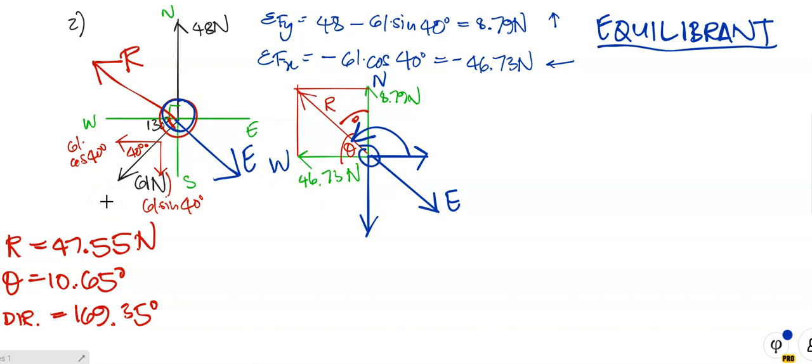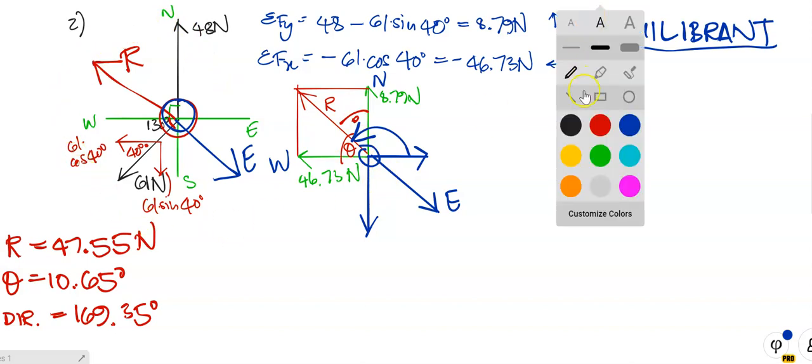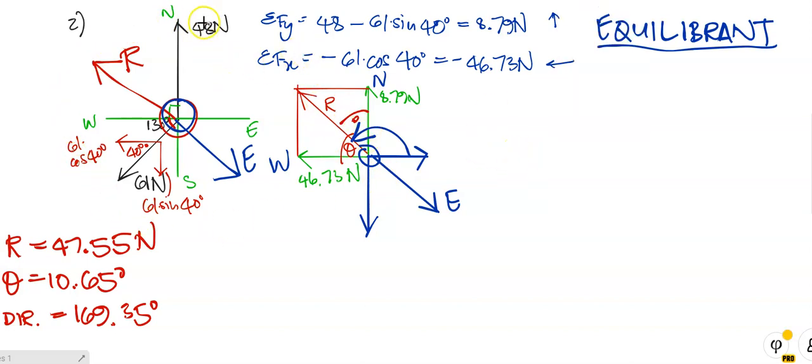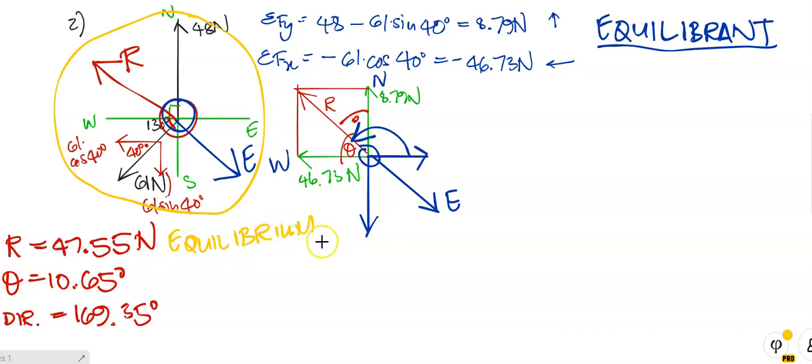It balances out those two there, and we then say that this whole system here is in equilibrium. Very important. Very important for structures. Equilibrium. We say that that system there is in equilibrium.